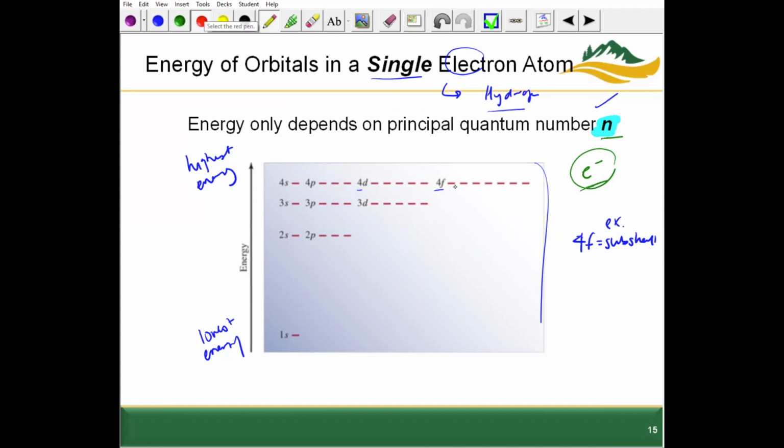Then each of these lines denotes an individual orbital. Each orbital line can hold up to 2 electrons. If there is only one single electron to deal with, then that can either be spin up or spin down.